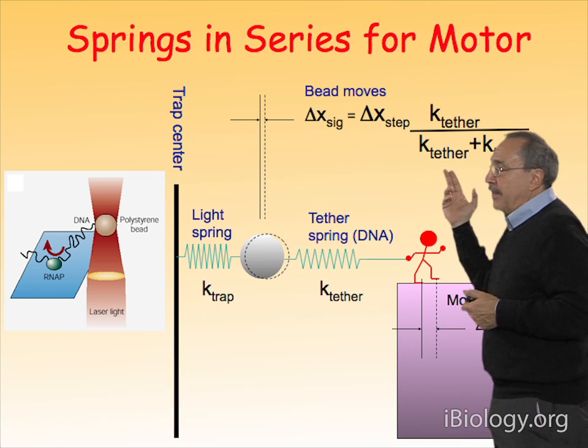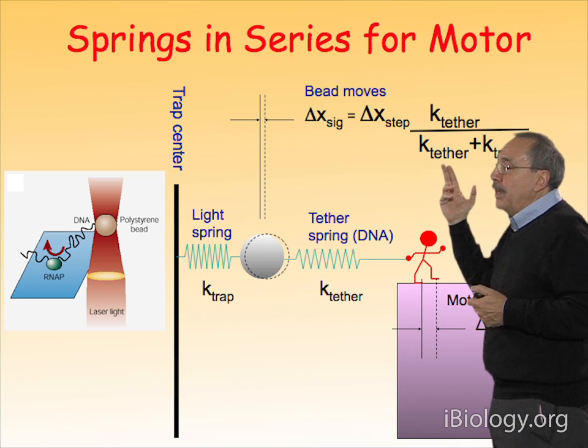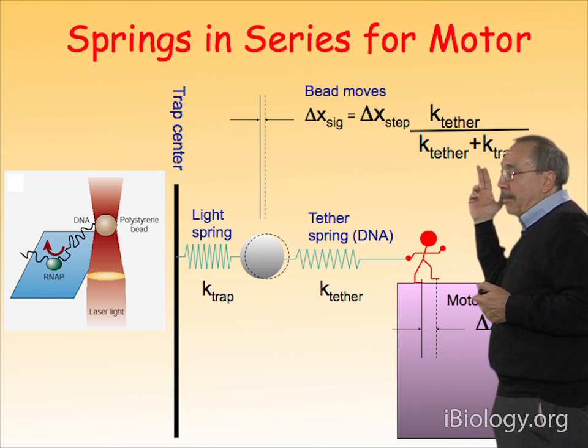And you see what happens here if we take k tether to be much, much larger than k trap.